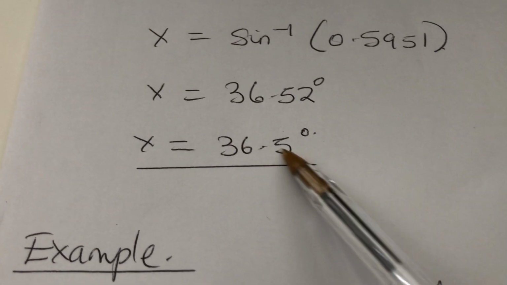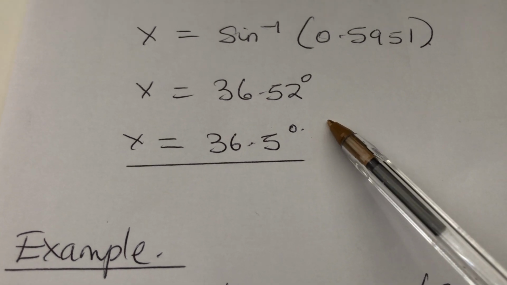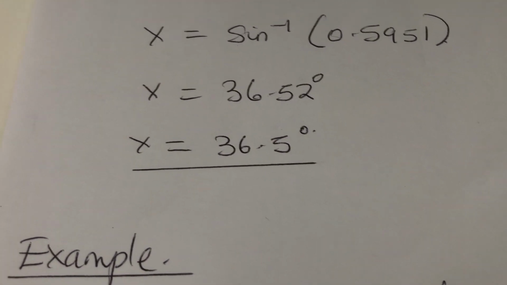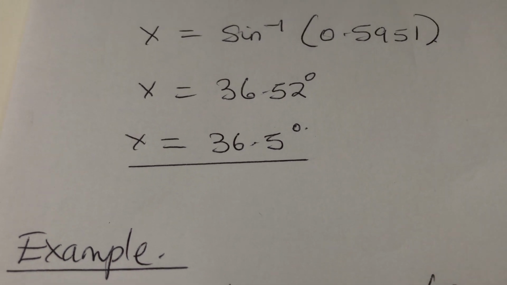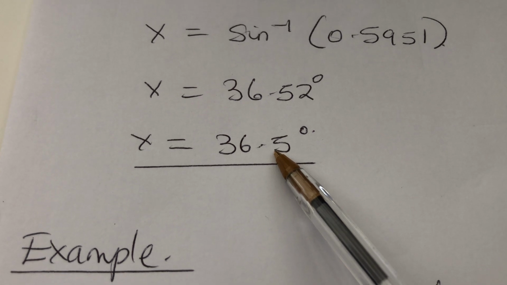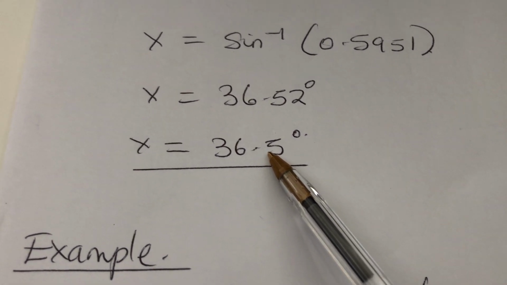To 1 decimal place is 36.5 degrees. The answer is an angle, so you are going to leave it as degrees. It's not the length, so you are going to leave it as degrees.